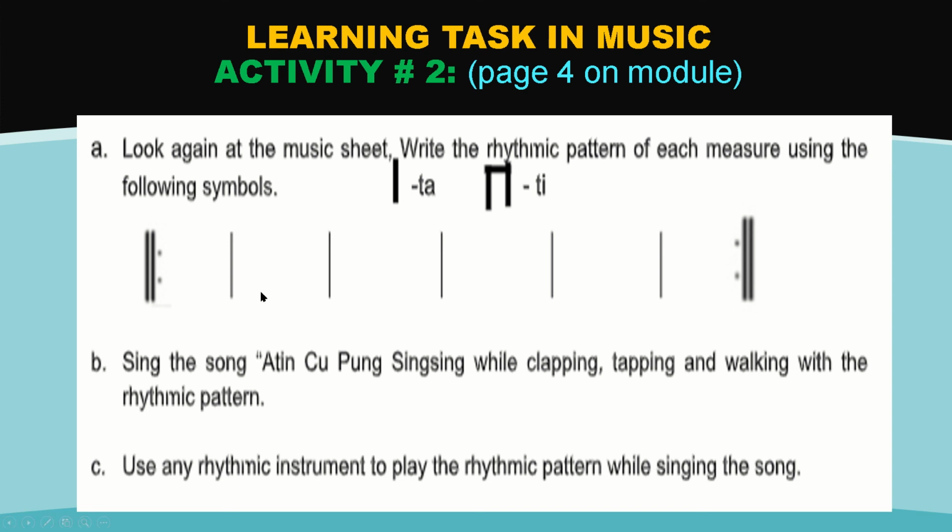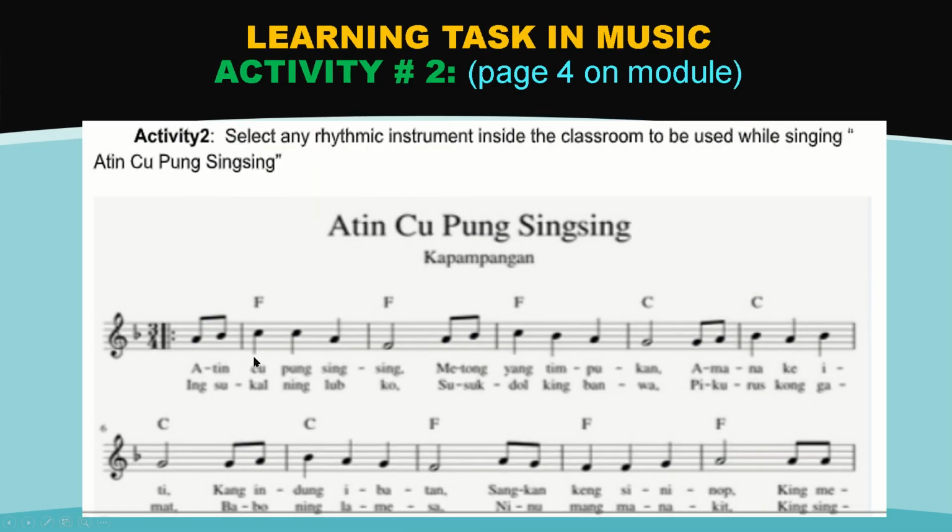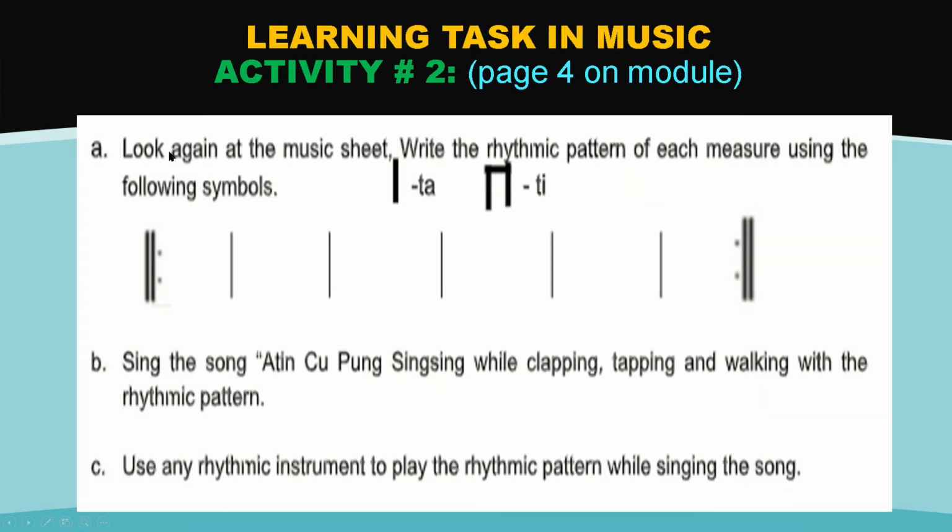Next, what about the second measure? On the second measure, you will see here 3 quarter notes. 1, 2, and 3. Since they are single, you are going to draw 3 single sticks. 1, 2, and 3. Next, let's have letter B.